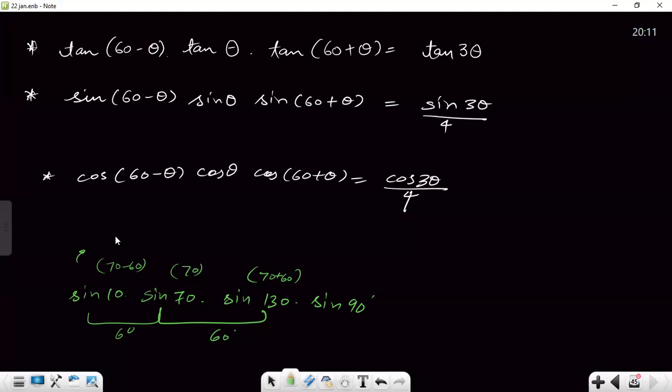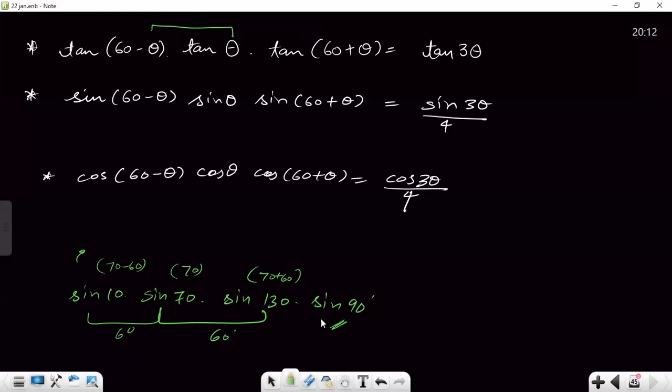The point is the common difference has to be 60. So basically for three angles having a difference of 60, this formula can be used.